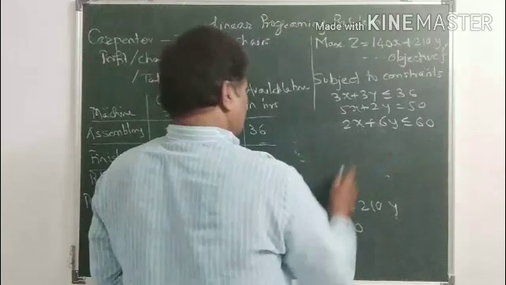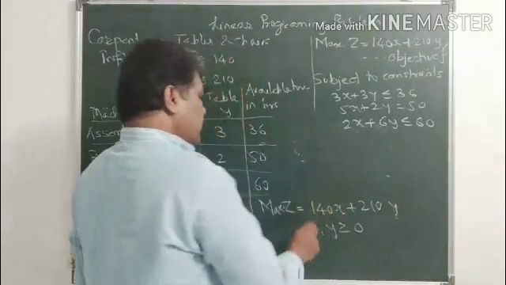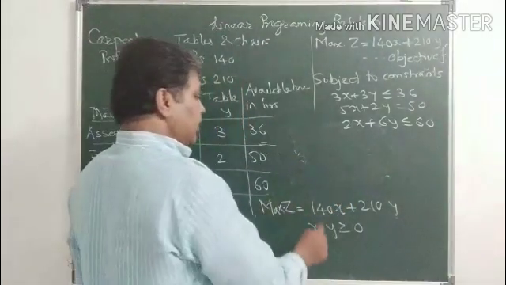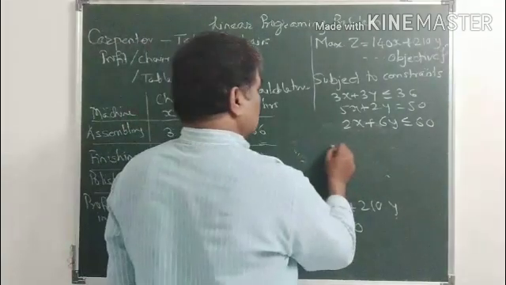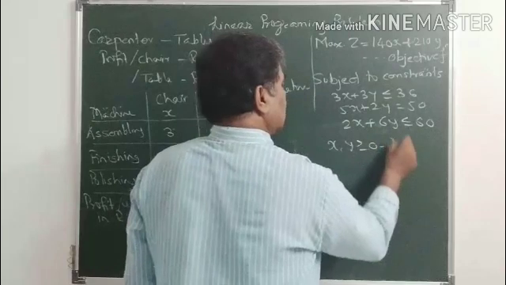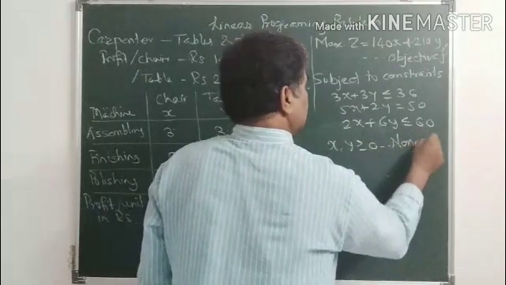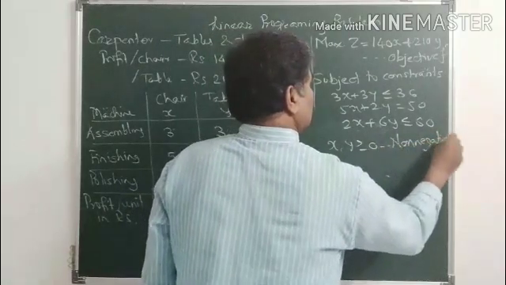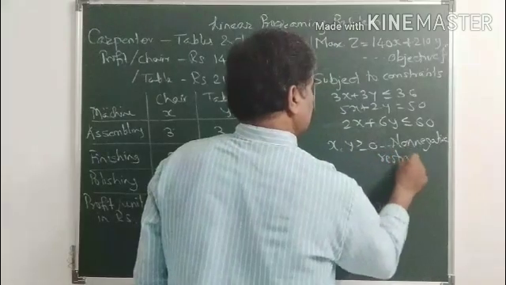And here, the number of units of the products produced is always greater than or equal to 0, x, y greater than or equal to 0. These are called non-negative restrictions.